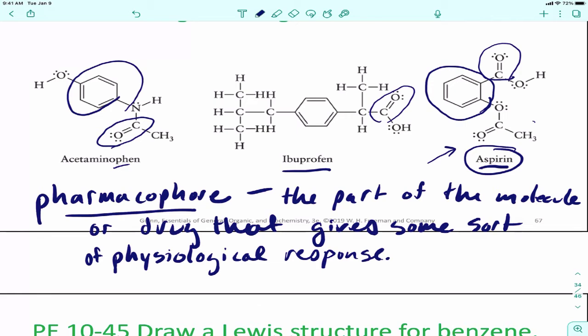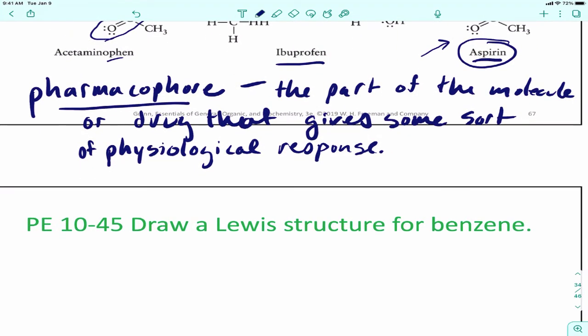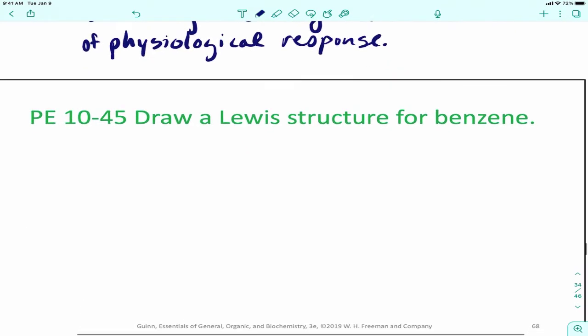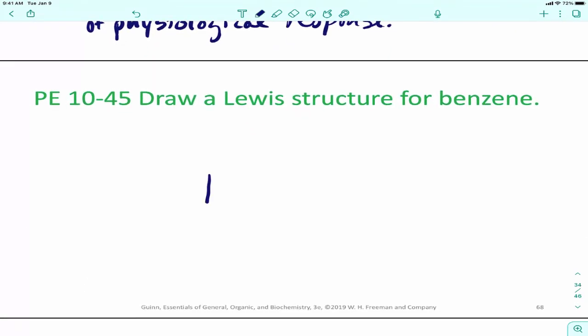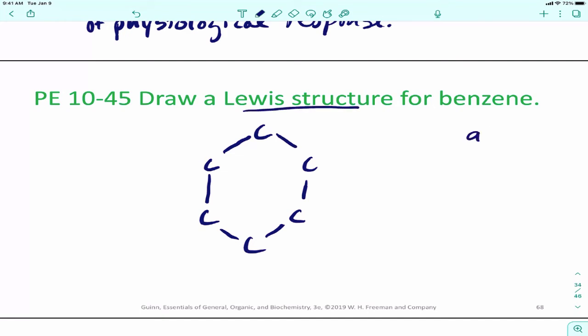All right, anyhow, back to this. We need to draw a Lewis structure for benzene. The Lewis structure for benzene is a ring with 6 carbons, so let me draw all 6 carbons here. Now remember, in a Lewis structure we have to show all atoms and all bonds.